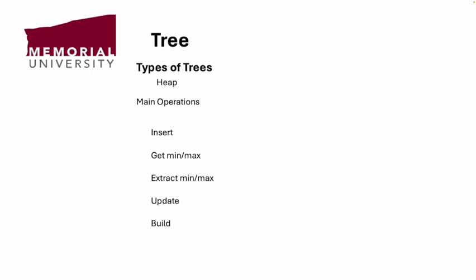Okay, if the purpose is to know very fast the maximum number in this sequence, we want to build the maximum heap from this array list, right? Or if we want to know the minimum number for this array list, we are going to build a minimum heap.